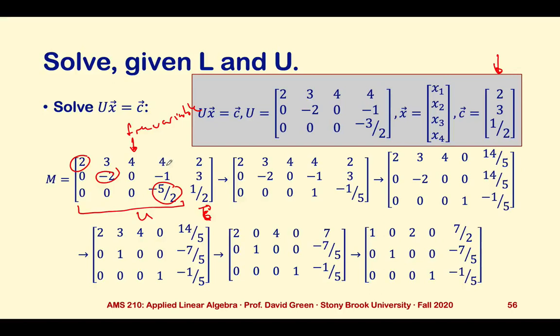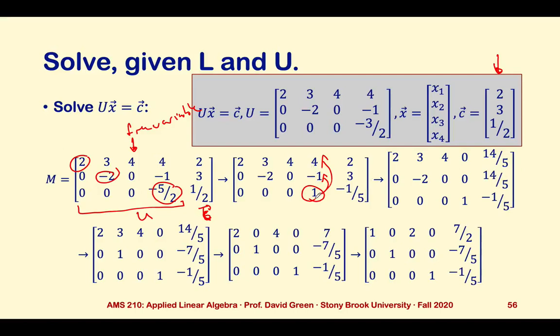So, carrying through with back substitution, we start at the bottom, the last pivot. We first scale this entry by multiplying by 2 over 5. This gives us 1, negative 1/5. We then use this scaled entry to eliminate upwards, adding the third row to the second.